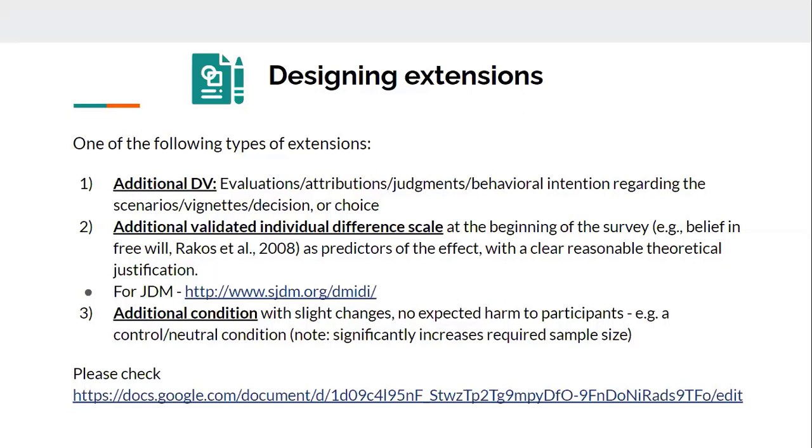You may also add a well-validated, well-established individual difference scale. This should be done at the beginning of the survey. This may be belief in theory, which I used for the bias blind spot replication extension as predictors of the phenomenon.